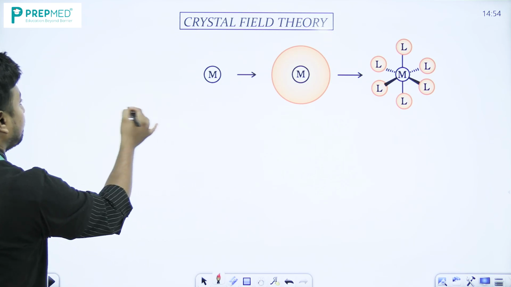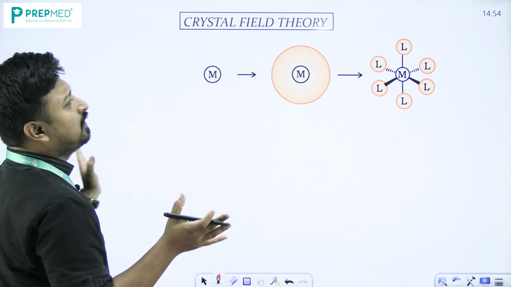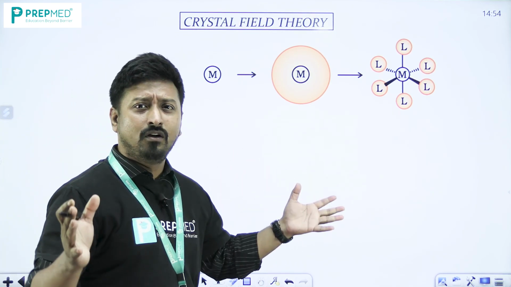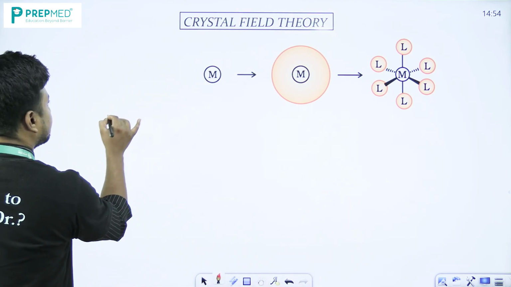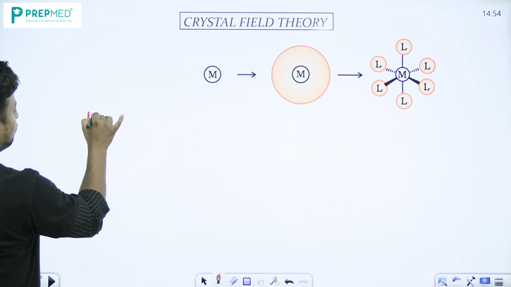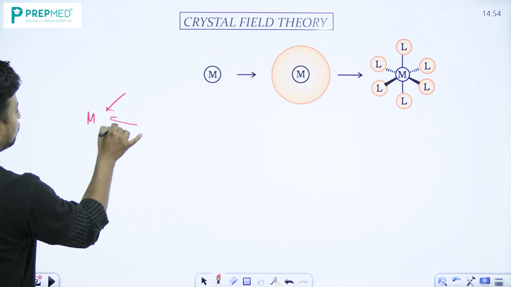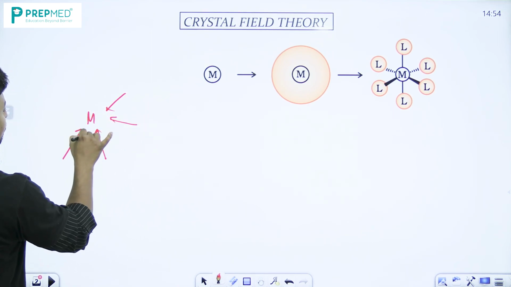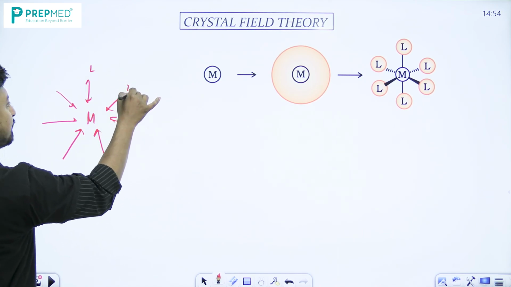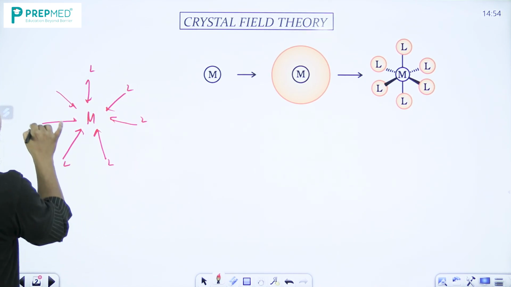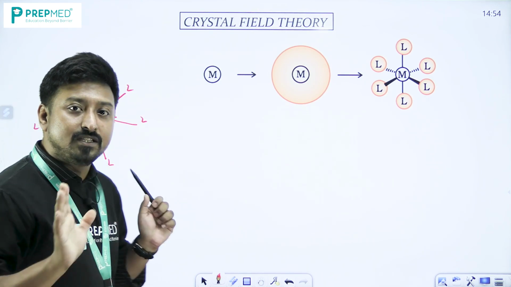Let's say the metal has the overall d orbitals, and all the ligands are approaching towards the metal. One thing you should remember is that it is not necessary that only 6 ligands will approach.